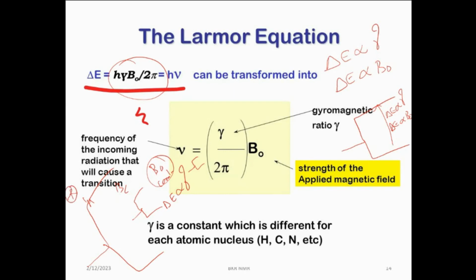So the nuclei have an upward orientation and a downward orientation. Now I want to study the NMR. For the NMR study, I'll be using a second frequency known as radio frequency, nu. This radio frequency will be used to excite the nuclei to go from the ground state to the excited state, and when it comes down to the ground state, it will be studied by the instrument.